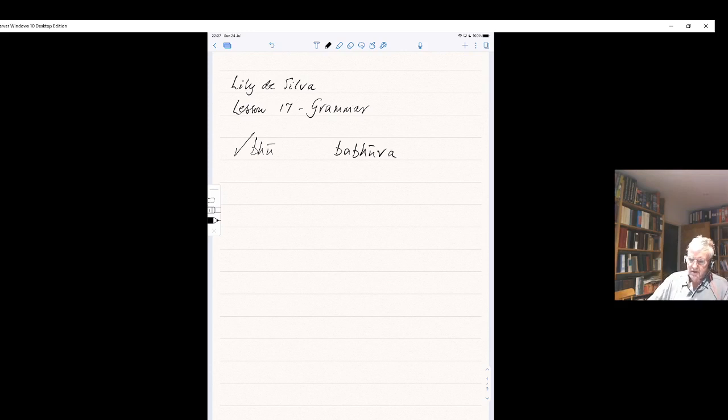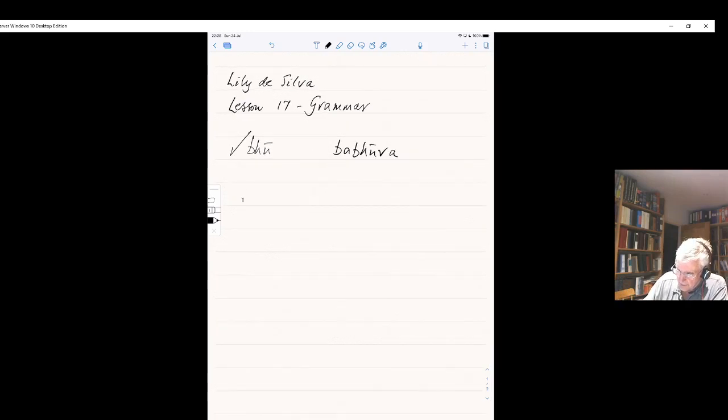So let's just see how it's formed. We have the root pach, and in the present tense, as we know, it goes pachami, pachasi, pachati, pachama, pachata, pachanti.